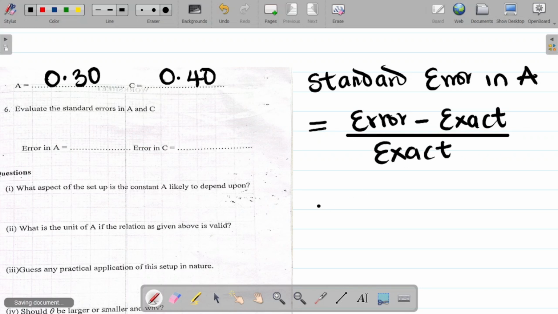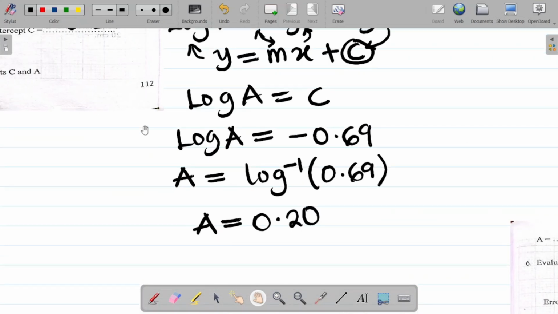The error would be the one from your slope or from your graph.